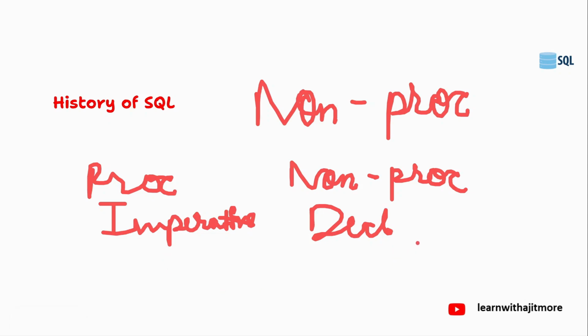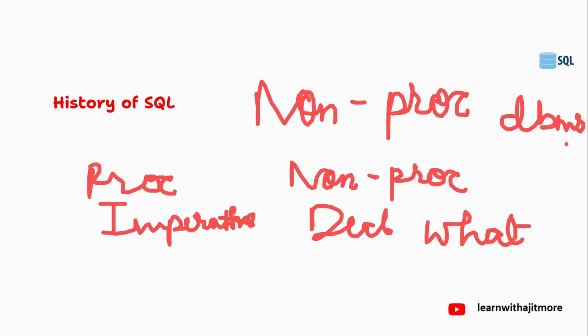And declarative language means you just have to tell what to do. You don't bother about how. How is the job of someone else. Like in this case, the DBMS will take care of how to insert the record, how to retrieve that record, how to delete the record. You are just telling what to do.